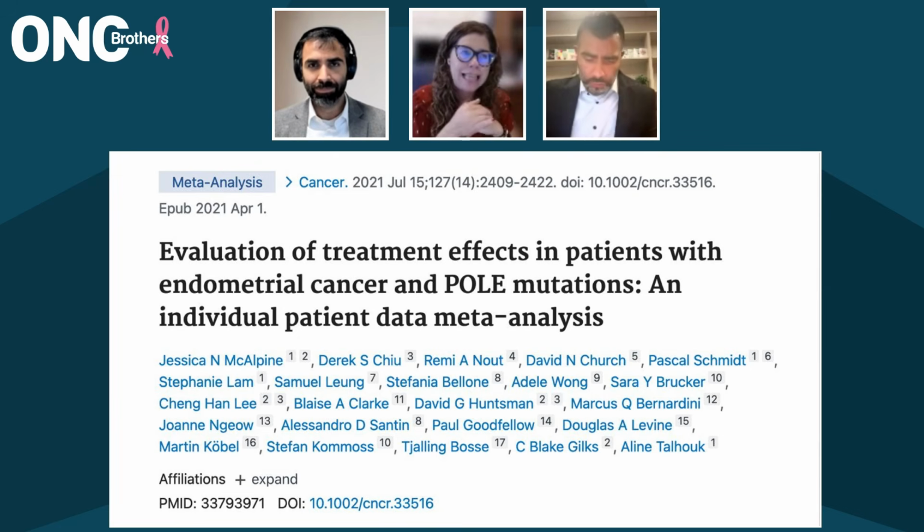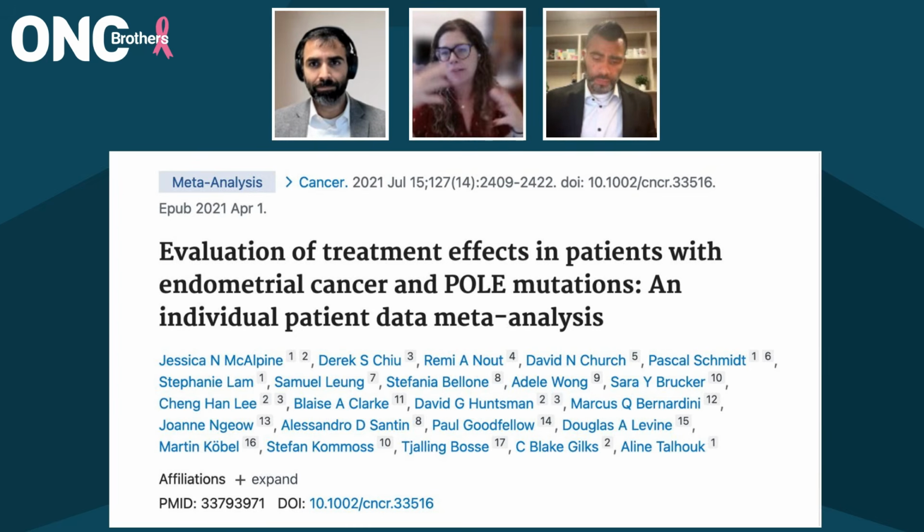And conversely, patients that have tumors that harbor a P53 mutation may need more aggressive therapy and may benefit from additional treatments outside of, say, surgery in early stage disease, or outside of, say, chemotherapy in late stage disease.